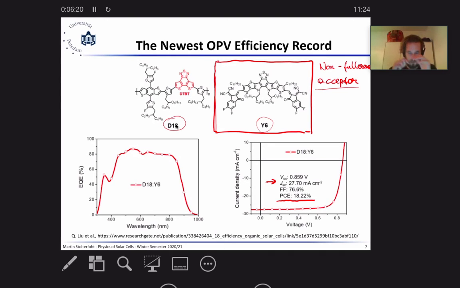There are not many combinations available with even lower band gaps. I think there are some which reach around 30 milliamps per square centimeter, even lower gap organic solar cells, but then they have more voltage losses. And this is among the optimum band gap range at the moment.